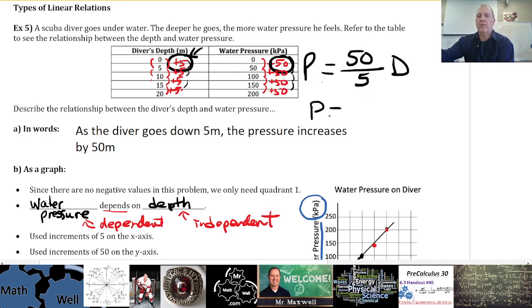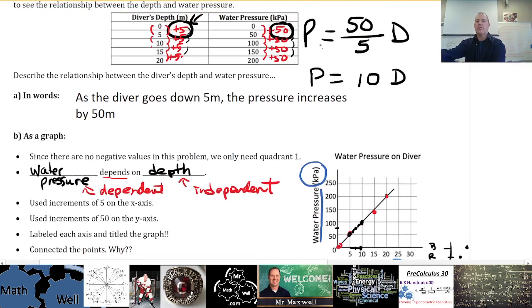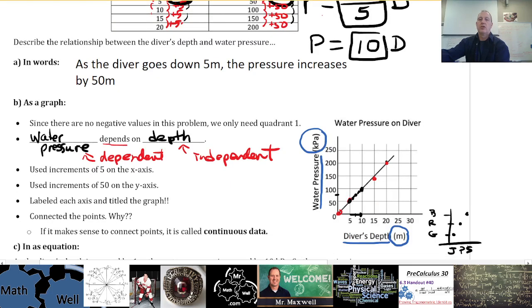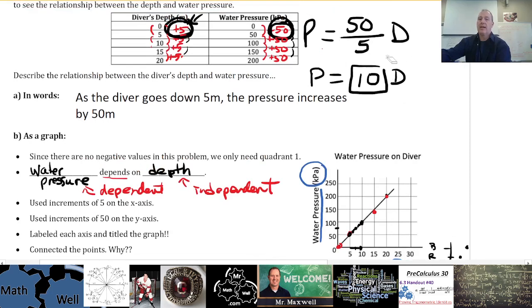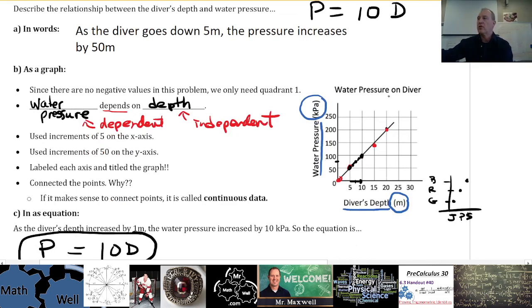Notice that this equals 10, p equals 10d. That's the equation that we got. So even from this graph, you do this jump divided by this jump, and that gives you your slope of the line. That gives you the rate of change, okay? So you can do that. That is excellent to do. You need to know that because we're going to be using that a little bit later, very soon.